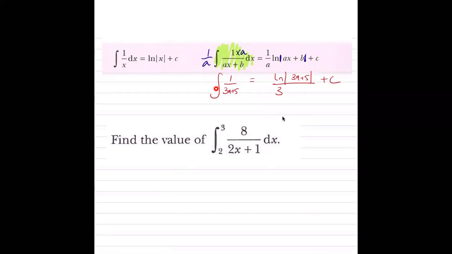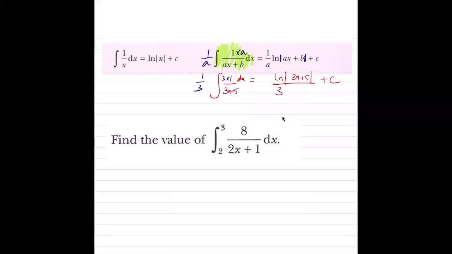For example, integration of 1 upon 3x plus 5 dx. So the differentiation of 3x plus 5 is 3. It's not present in the numerator yet. What is present? 1. How can I make it 3? I have to multiply this by 3. If I do that, I'll have to take 1 upon 3 outside as well.